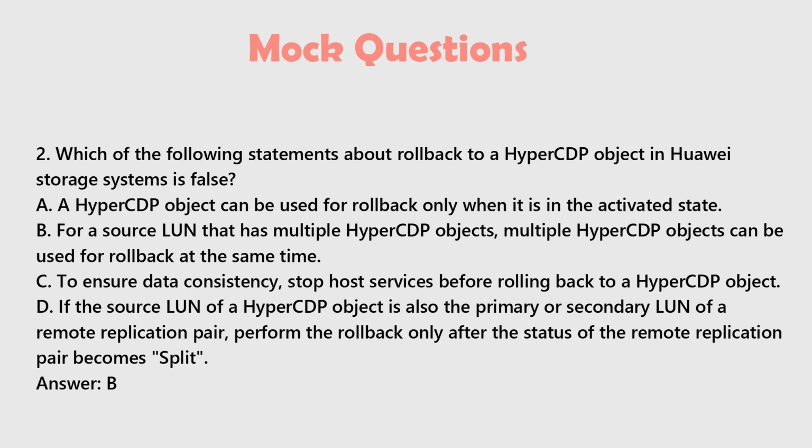C. To ensure data consistency, stop host services before rolling back to a Hyper-CDP object. D. If the source LUN of a Hyper-CDP object is also the primary or secondary LUN of a remote replication pair, perform the rollback only after the status of the remote replication pair becomes split. Answer: B.